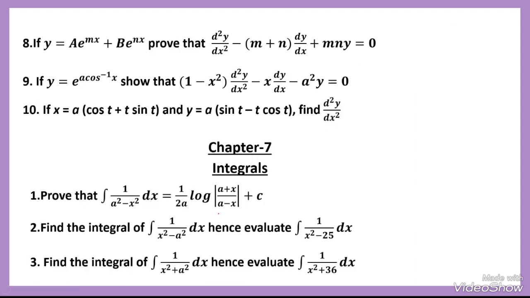Then there is one definite question that will be asked for integrals. Here there are 6 integrals.